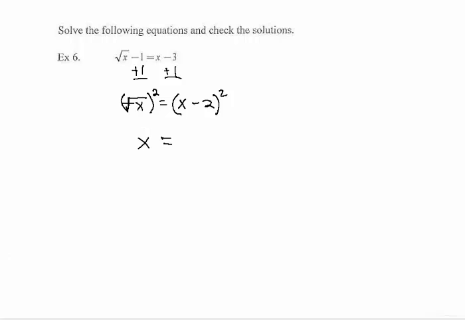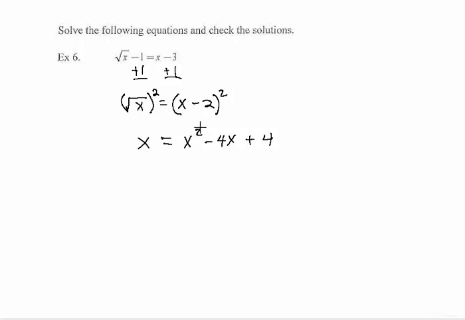We get an x, the radical and the square just knock each other out, and we're left with the inside of the radical, the radicand. And over here on the right, we end up with an x squared minus 4x plus 4. And at this point, we have to revert back to what we learned from a previous chapter when we were dealing with quadratic equations.